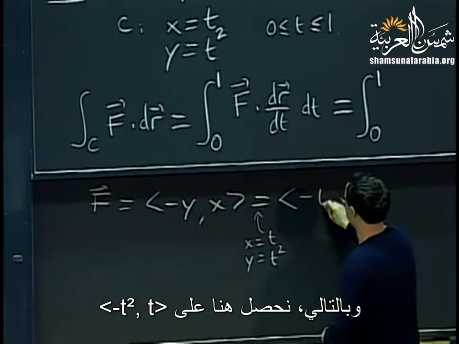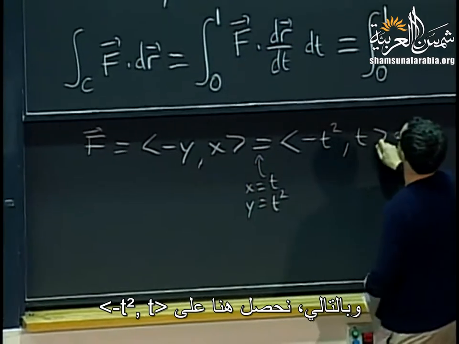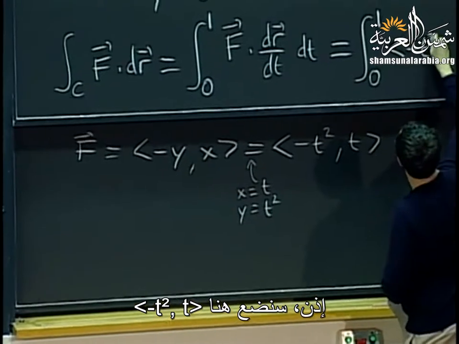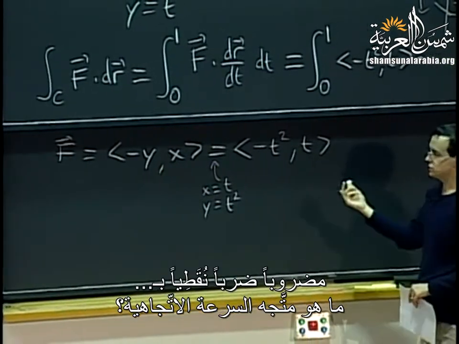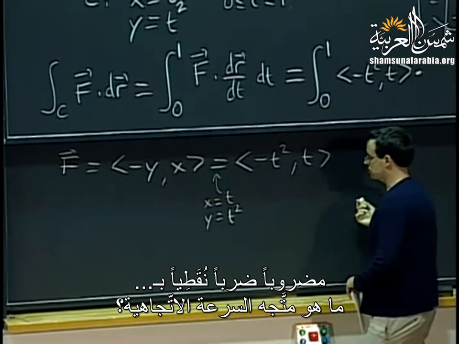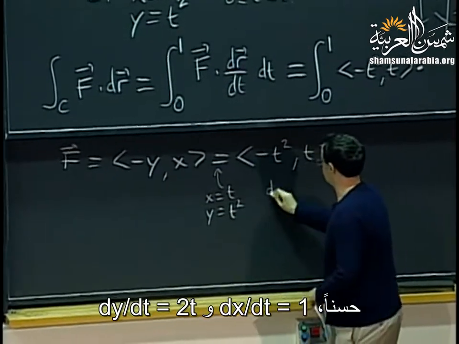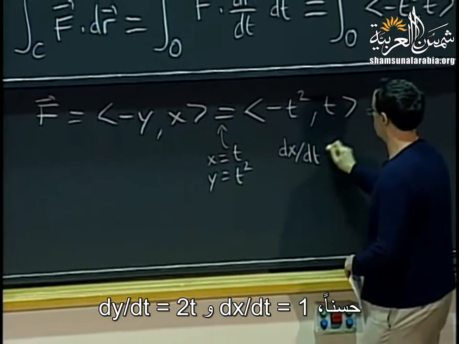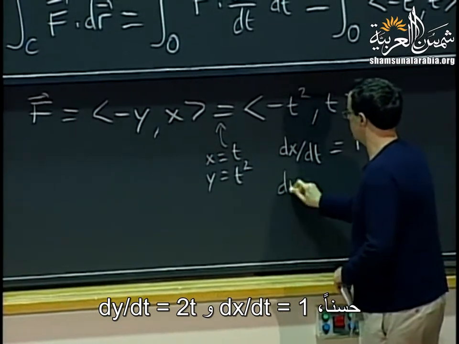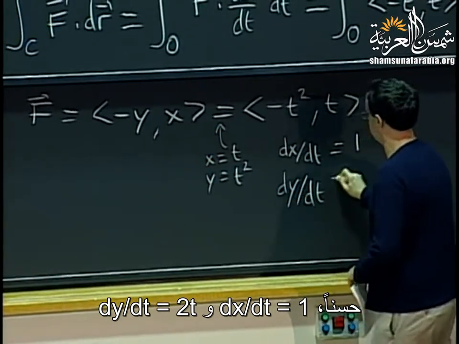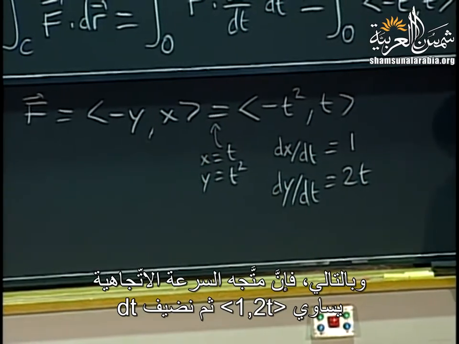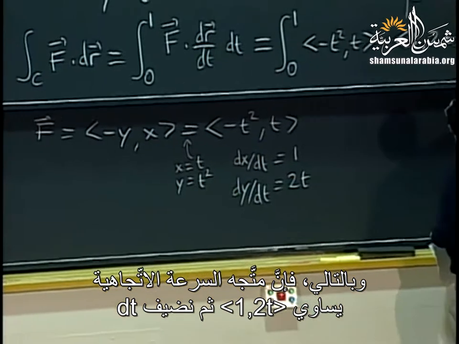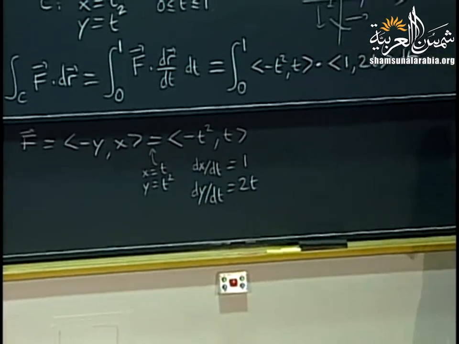That will give me (-t squared, t). So here I will put (-t squared, t) dot product. What is the velocity vector? Well, dx/dt is just 1. dy/dt is 2t. So the velocity vector is (1, 2t) dt.